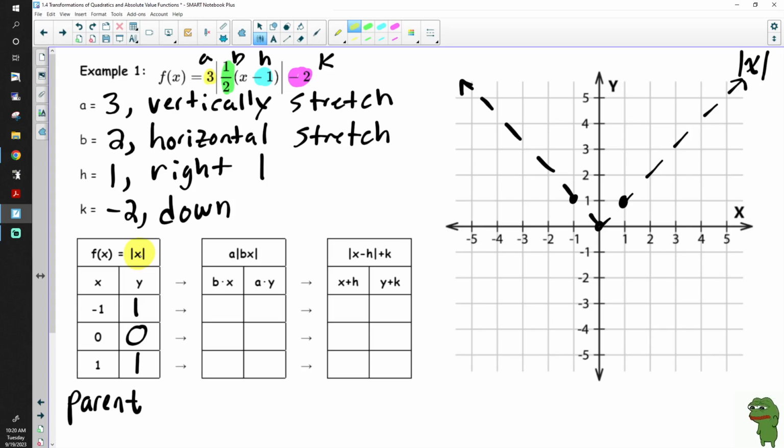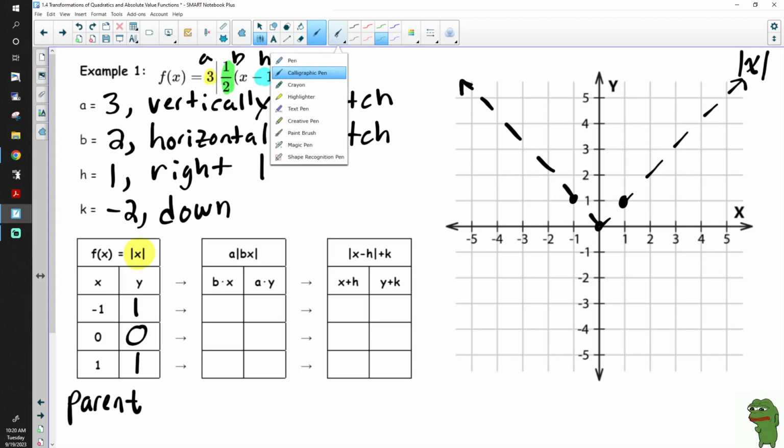So when we plug in -1, it comes out positive 1. When we plug in 0, it comes out 0. When we plug in 1, it comes out 1. If we plugged in -20, it would come out positive 20. So we're just using that parent function, plugging in the number to get the y values. Good question.